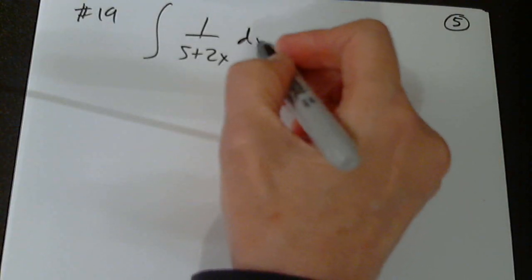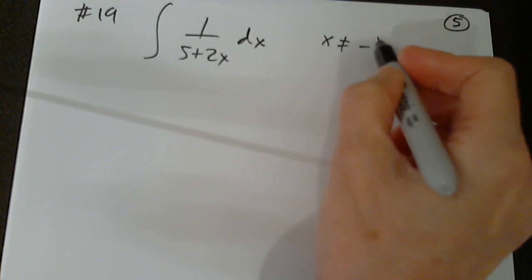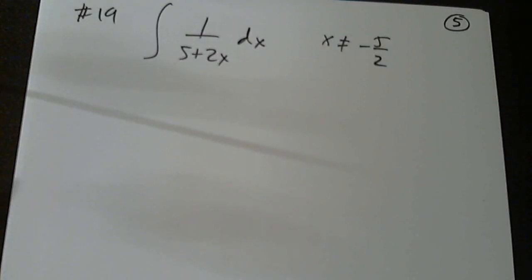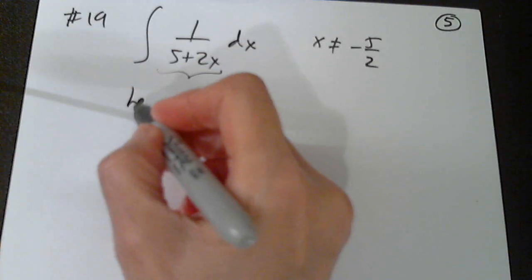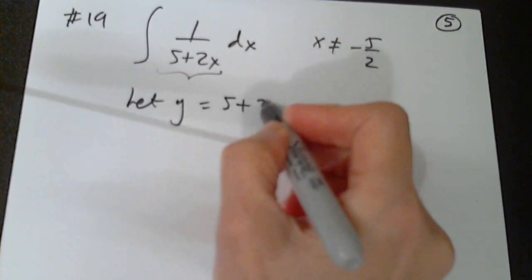In 19, we have the integral from 1 over 5 plus 2x dx. Of course, x cannot equal -5/2, obviously. Good. So what do I do? Well, exactly the same thing. This is the problem. So I'm going to say, let y be 5 plus 2x.